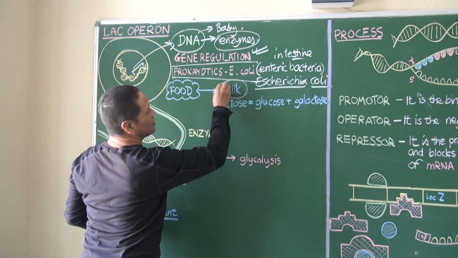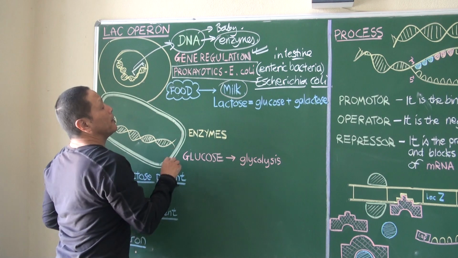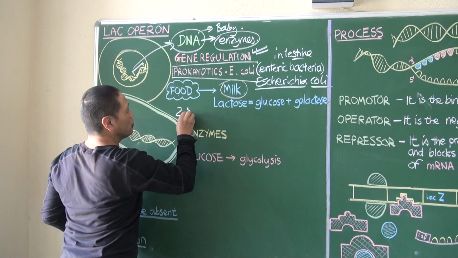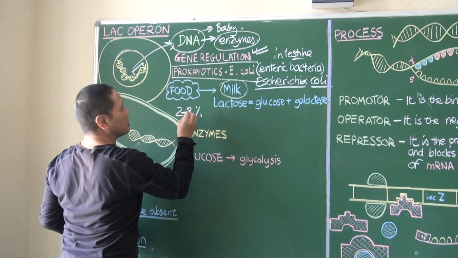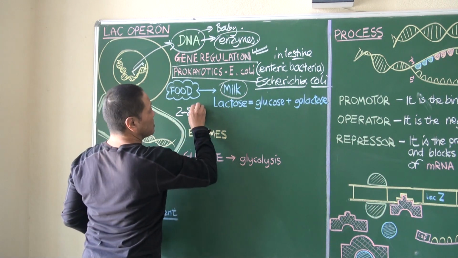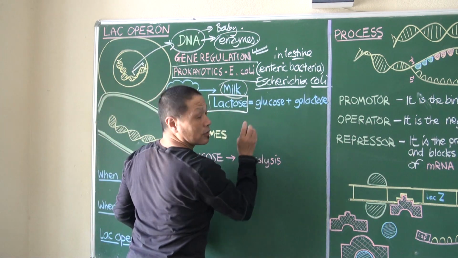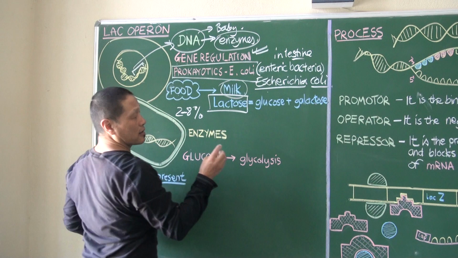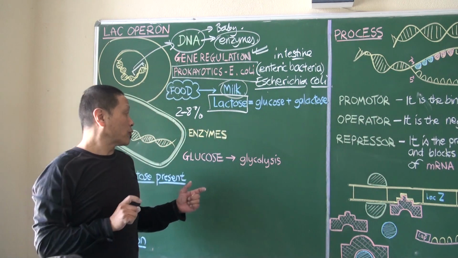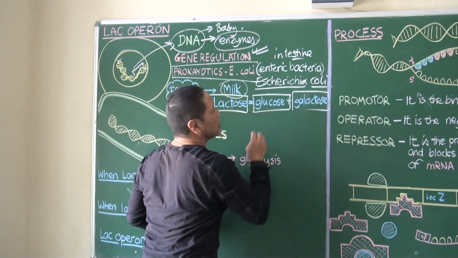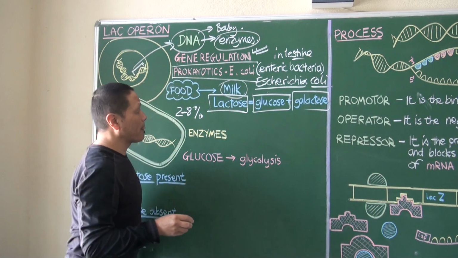contains milk sometimes. This milk contains about 2 to 8% of lactose. And lactose, as we know, is a disaccharide, meaning it contains two sugar molecules called glucose and galactose.